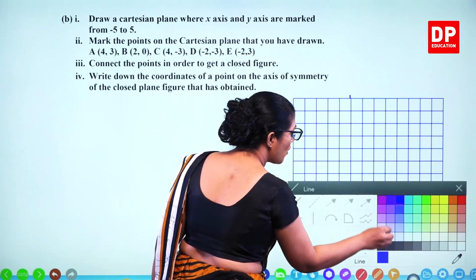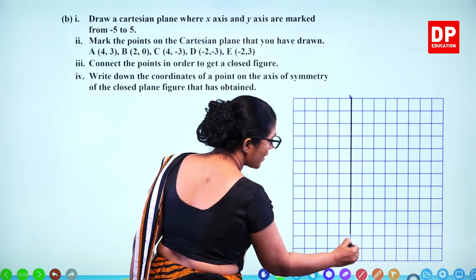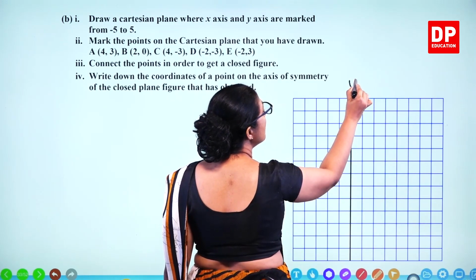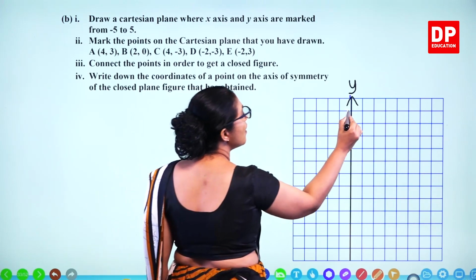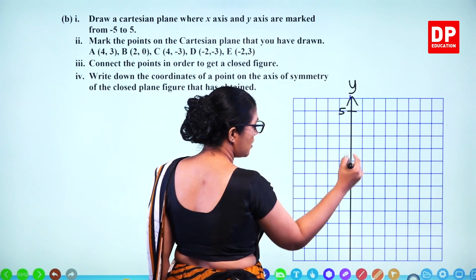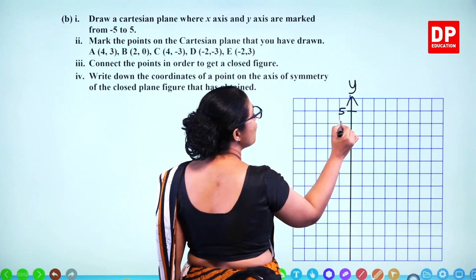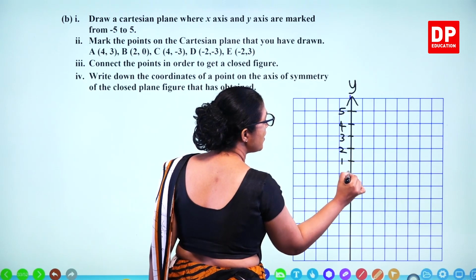So we'll first draw the y-axis. Here we can start from plus 5, 5, 4, 3, 2, 1, 0.